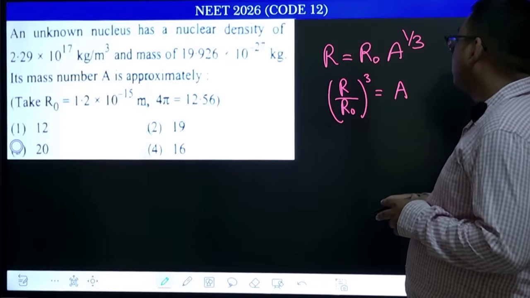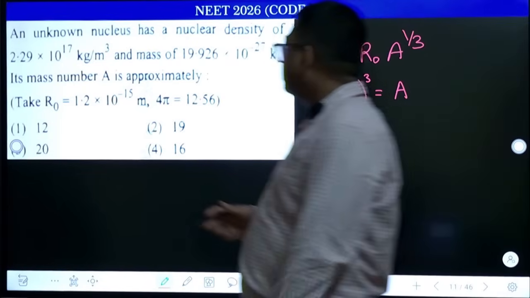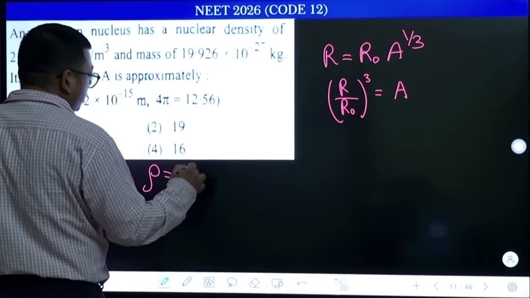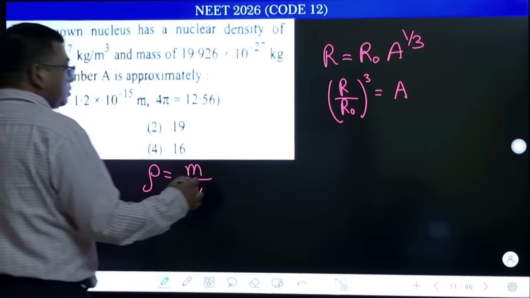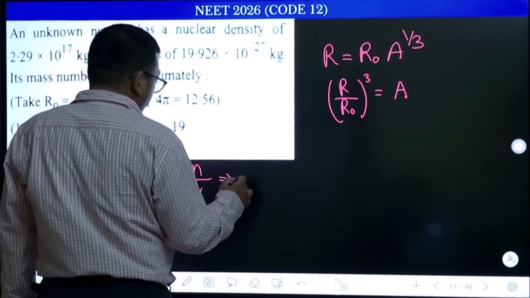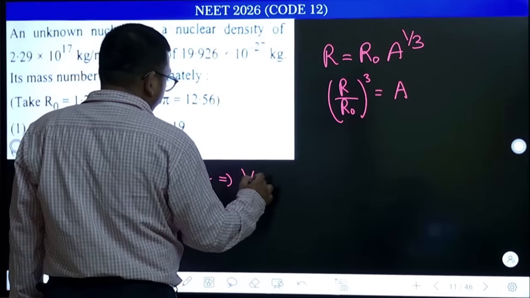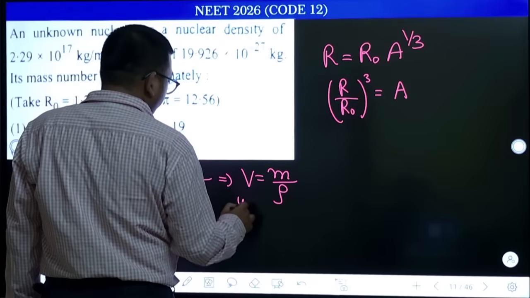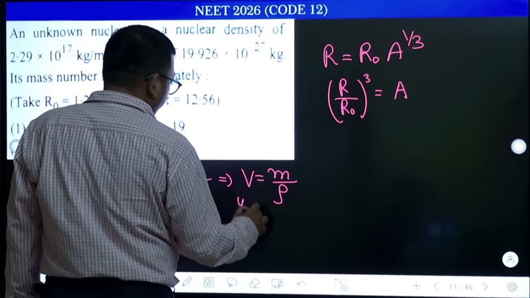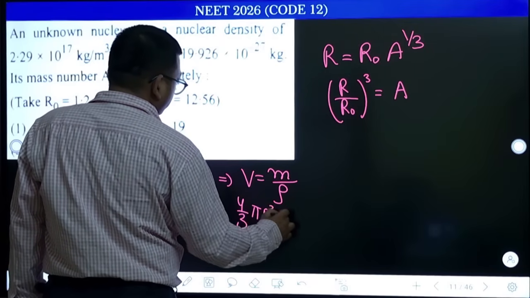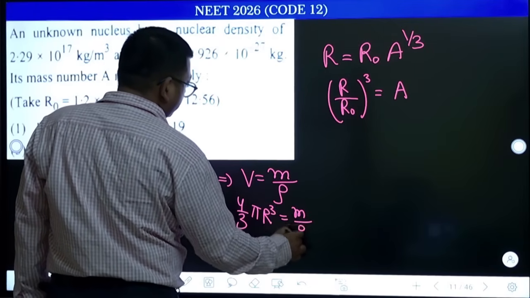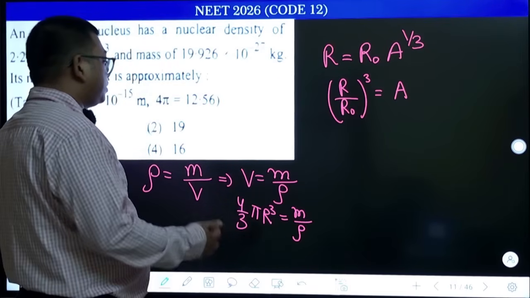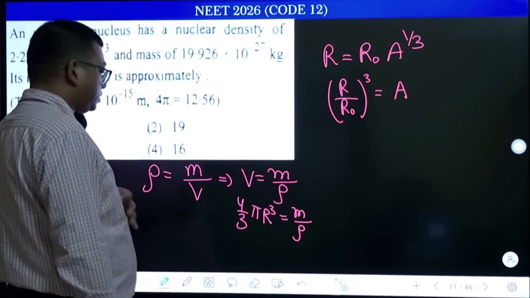So density is equal to mass by volume. So volume is equal to mass by density. Volume is 4 by 3 pi r cube, which is mass by density. From here we can calculate r cube and then substitute that, isn't it?